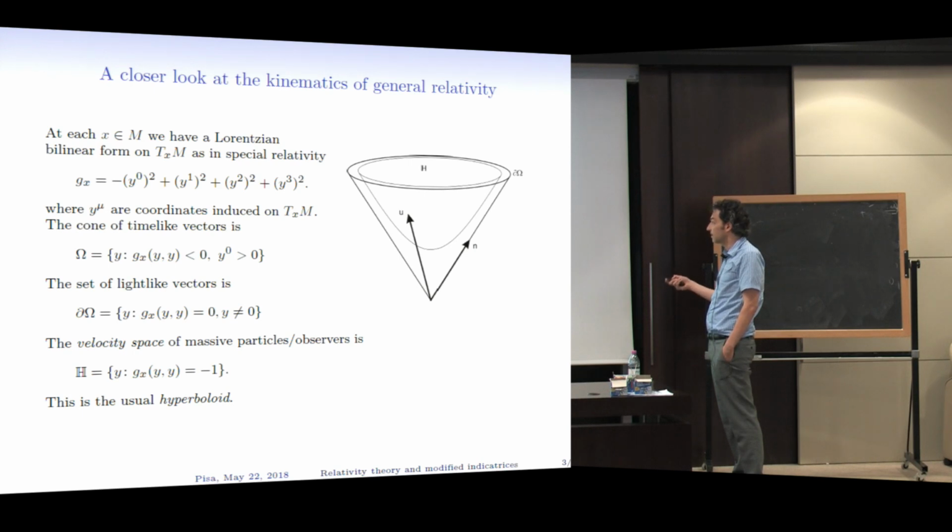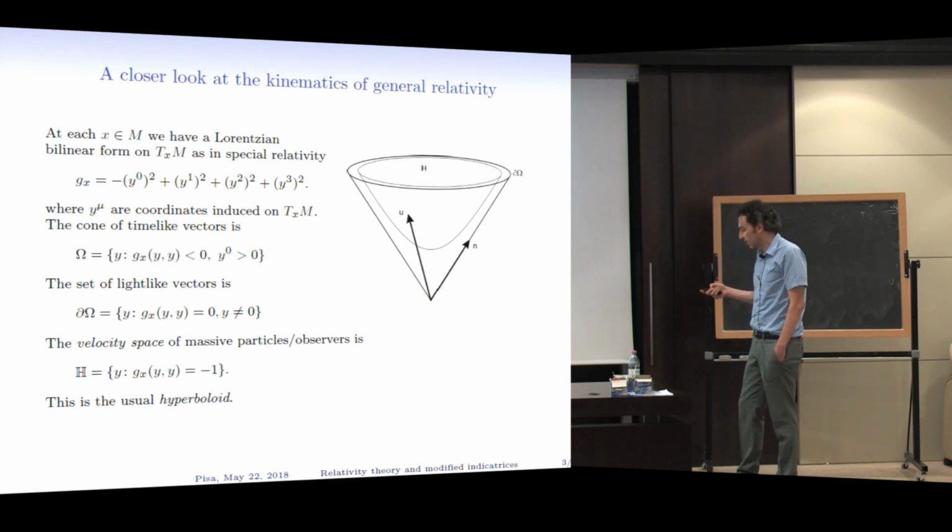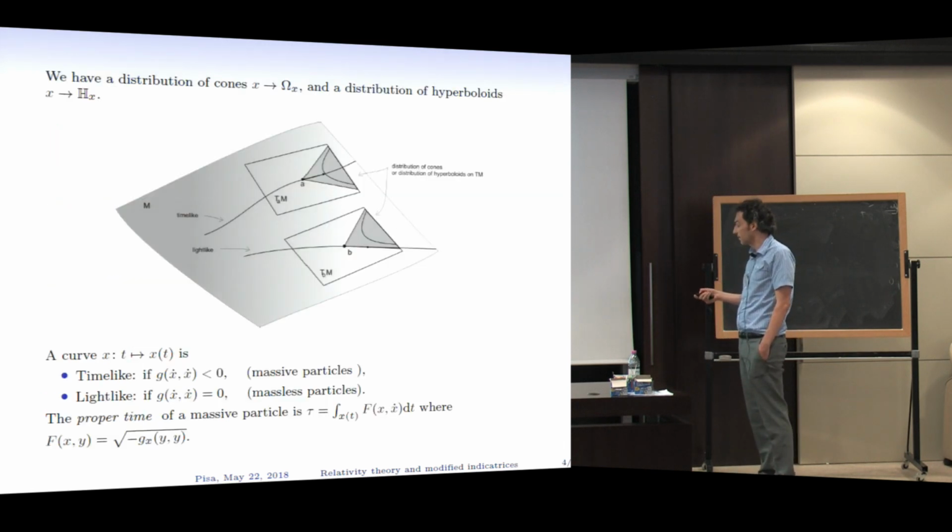Then we also recognize that there is a special hypersurface inside the cone of time-like vectors, which is the hyperboloid, which physically is the space of observers, and in Finsler geometry is the non-compact indicatrix, as we shall see. Still in general relativity, we have a distribution of cones over the manifold and a distribution of hyperboloids inside the cones.